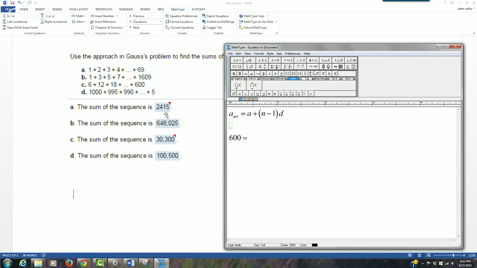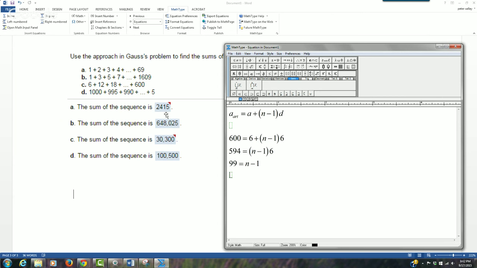So 600 equals the first number, which happened to be 6, plus n minus 1, and I'm solving for n. Looking at the pattern, you're adding 6 each time, so the common difference would be 6. So I'm going to solve for n first. 600 minus 6 is 594 equals n minus 1 times 6. And then I'm going to divide by 6. I'm just going to pull out a calculator, which gives me 99.